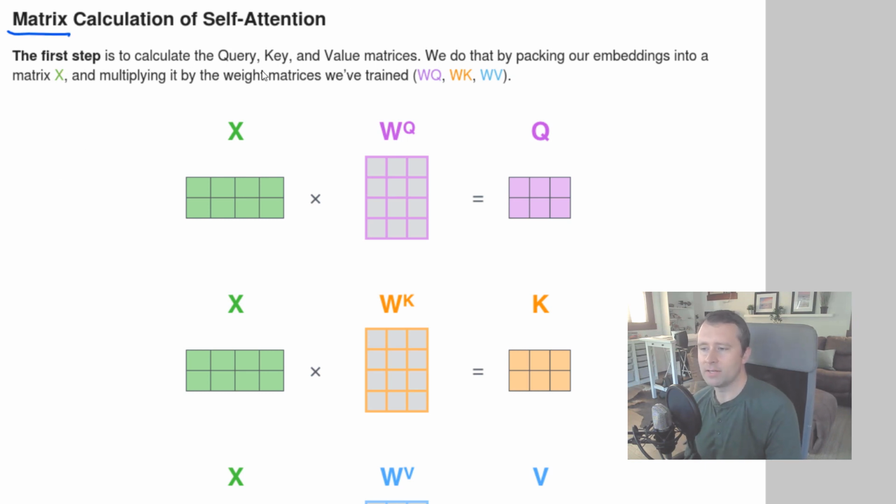First step is to calculate the query, key and value matrices. We do that by packing our embeddings into a matrix X and multiplying it by the weight matrices we've trained. Okay, so the weight matrices stay the same, but instead of an embedding vector, we now have an embedding matrix. So each row of the matrix corresponds to a different word, in this case, thinking and machines.